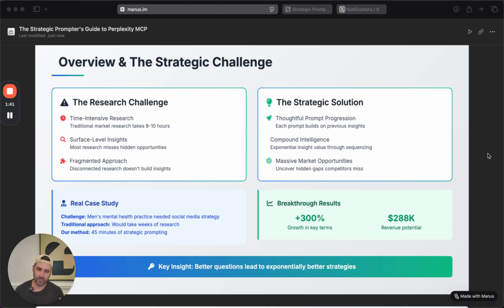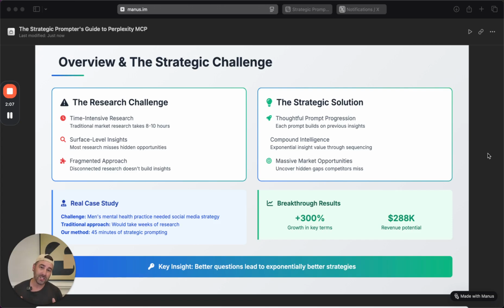I go back and forth, and I've captured how I naturally do this here to give you some actionable takeaways. The solution is thoughtful prompt progression. Each prompt I do when I work with AI builds on previous insights, so you're leveraging the power of compounding as you give the model more and more context. It says here exponential insight value through sequencing.